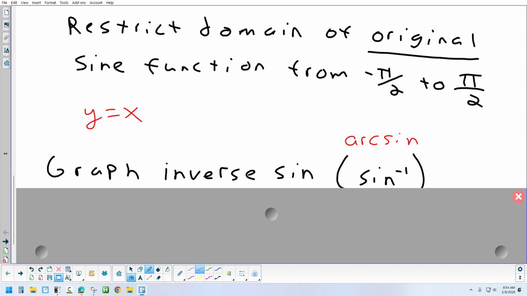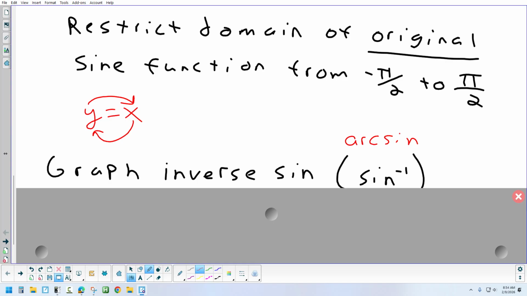If you were using that in a problem where you did substitution, you would change y to x, or you'd change x to y, depending which way you're substituting. But the important thing to understand is y turns into x turns into y. That's what happens when you do an inverse.